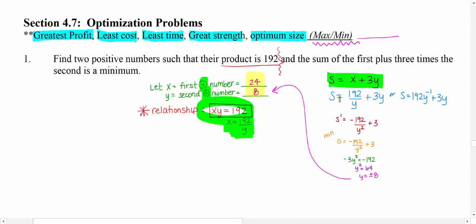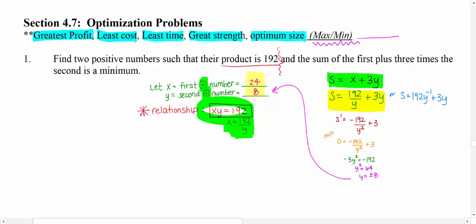And then that way we now have S as an equation in one variable. So S is a function of y, for example. S, my sum, could have been a function of x, or a function of y. It doesn't really matter. So now you can find S prime, or S prime of y if you'd like to label it that way, or dS/dy.